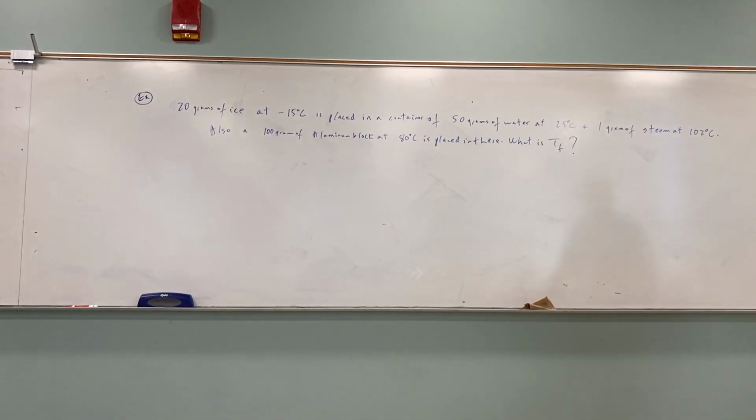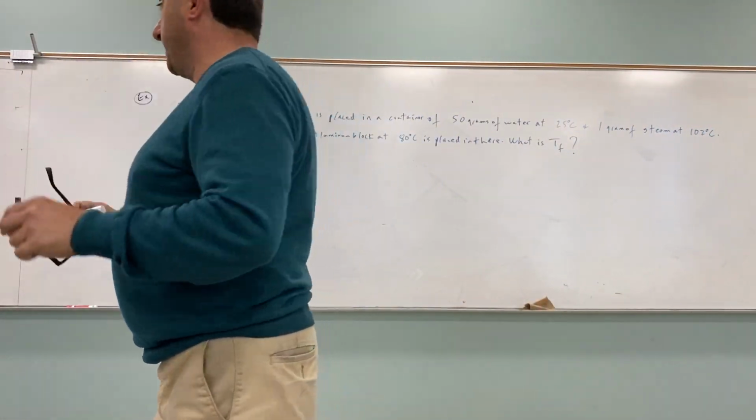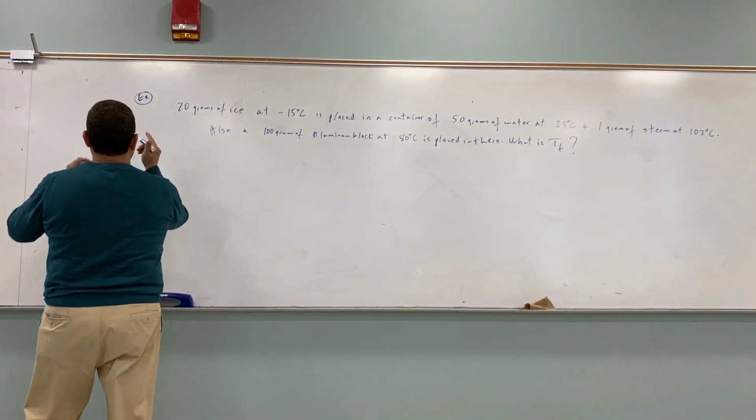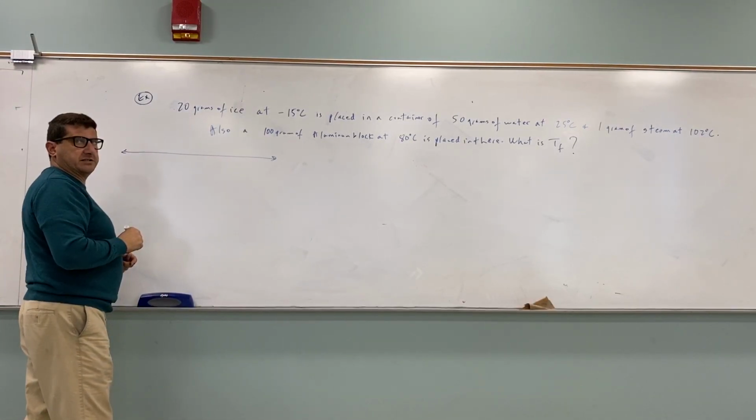So this is a typical calorimetry problem. 20 grams of ice at -15 is placed in a container of 50 grams of water at 25 and 1 gram of steam at 102. Also 100 grams of aluminum block at 80 is placed. What is the T final? So we have to visualize, maybe draw something on the number line, to see how many different things are placed in there.